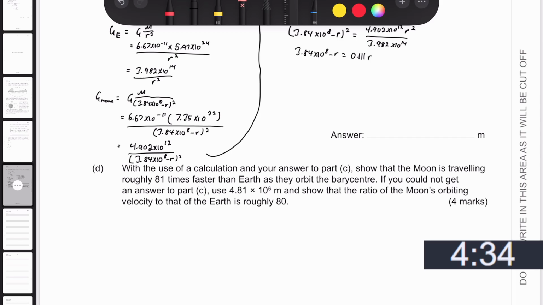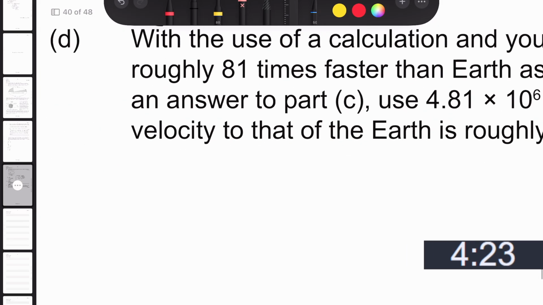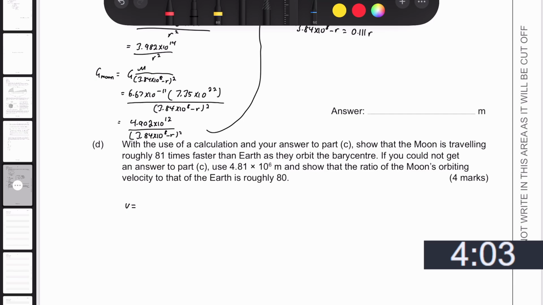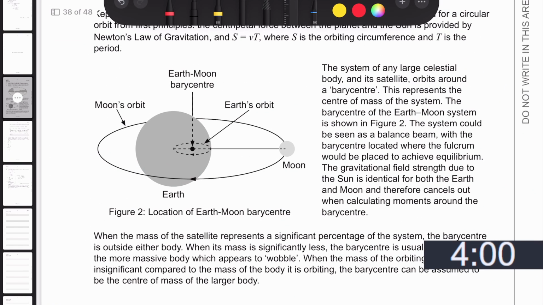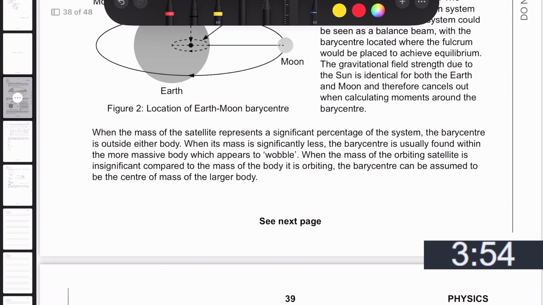They orbit the barycenter. So then velocity equals 2 pi r over T. Orbit the barycenter: Earth, moon, barycenter, Earth, moon.